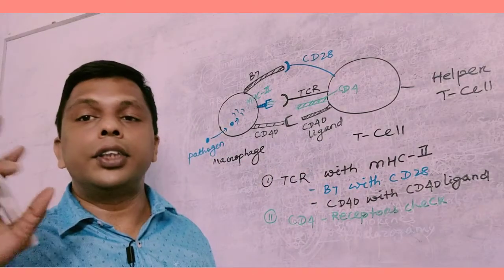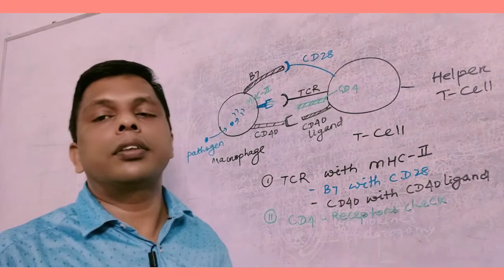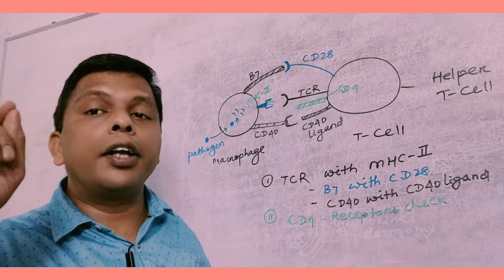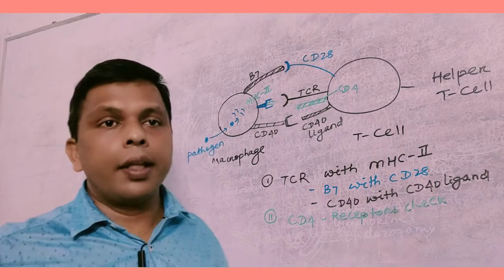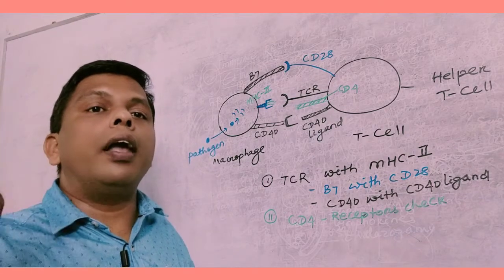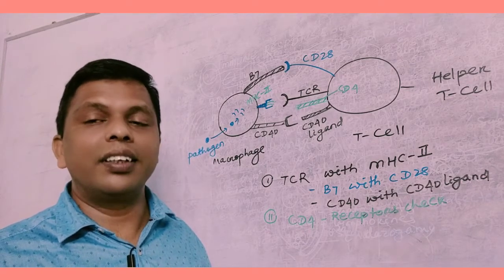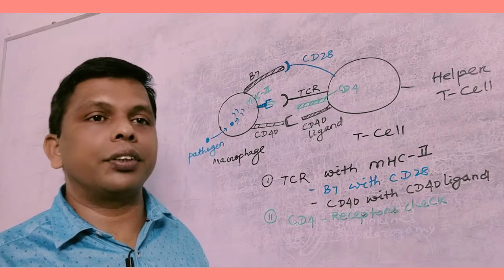CD4 makes all these three interactions perfect; the interacting zones are regulated by CD4. So now the T cell is properly engaged, binding with the macrophage. The T cell is properly engaged for the process of activation.